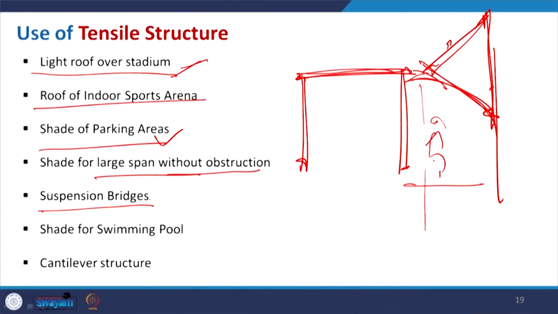Then the important thing that we started with is that this kind of tensile suspension cable structure is also used to make bridges, sometimes cantilevers, sometimes temporary structures of that nature, which is very useful to carry all the load with the suspension cable and the supporting cables, the vertical suspended cables, which help the main cables to take the load.